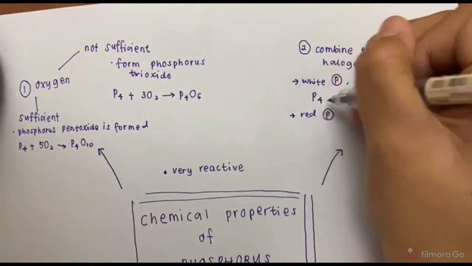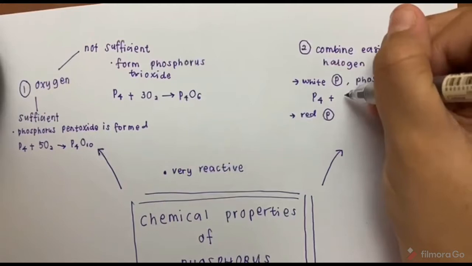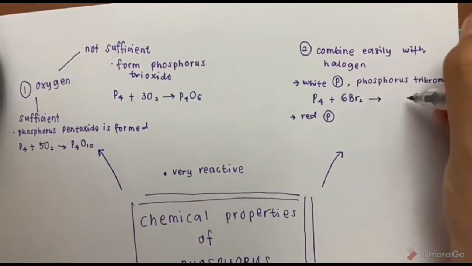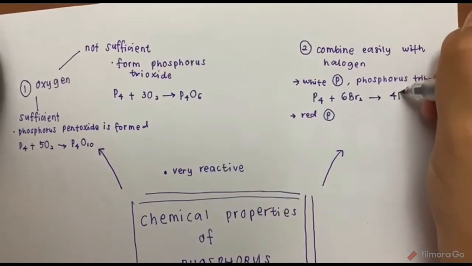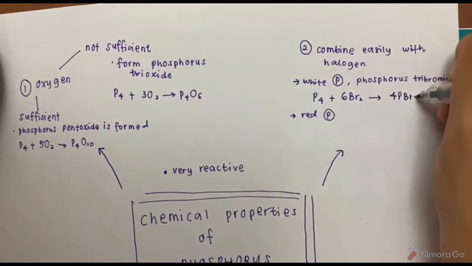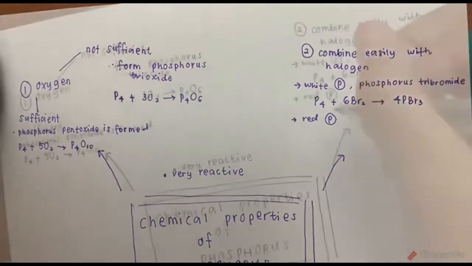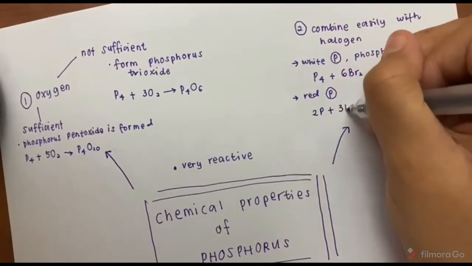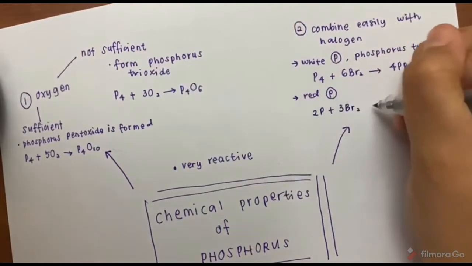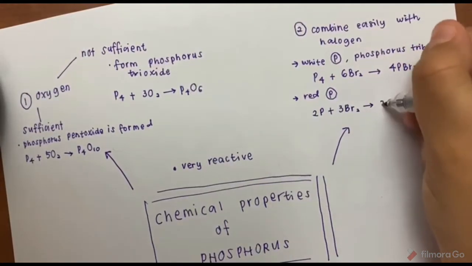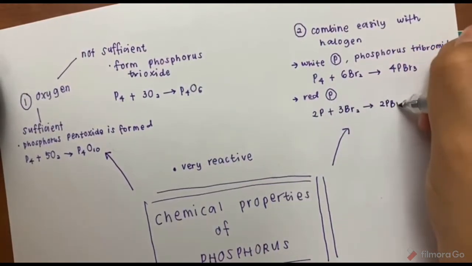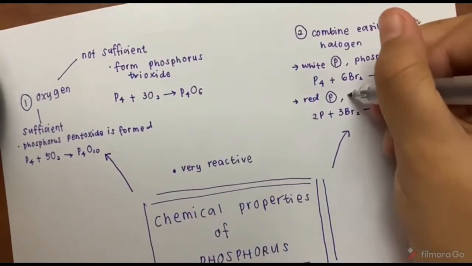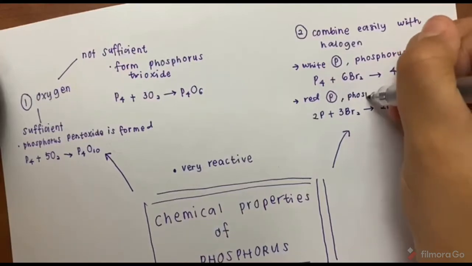For white phosphorus, P4 plus 6Br2 will come out with 4PBr3. While for red phosphorus, 2P plus 3Br2 will form 2PBr3, phosphorus tribromide.